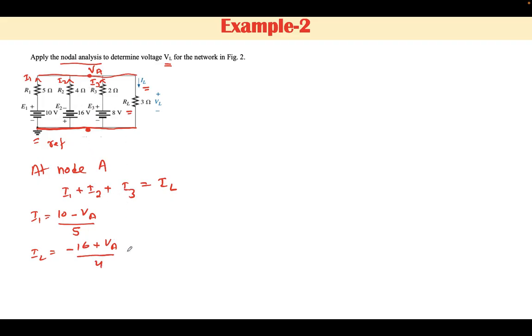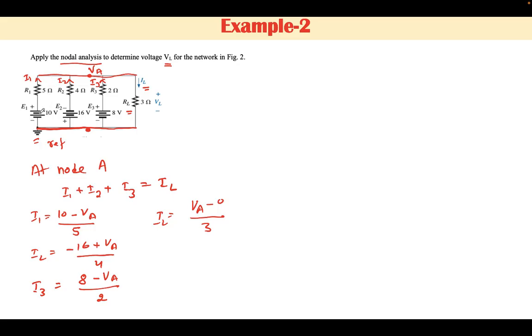Now the current in this branch is I3. I3 will be equal to 8 minus VA upon 2, and IL will be equal to VA minus 0 divided by 3.